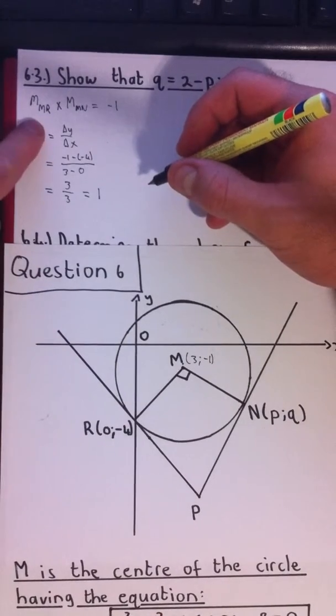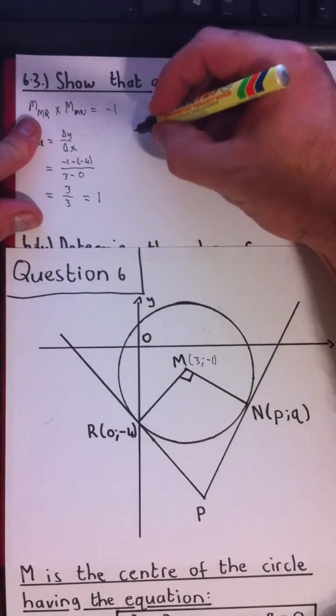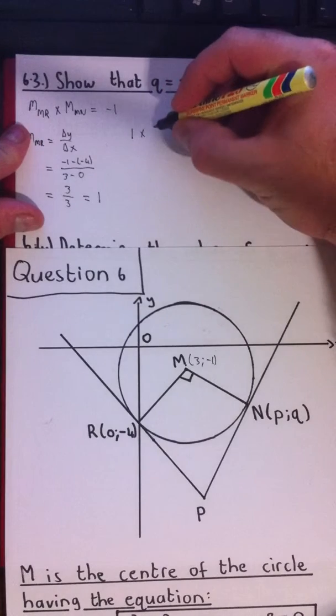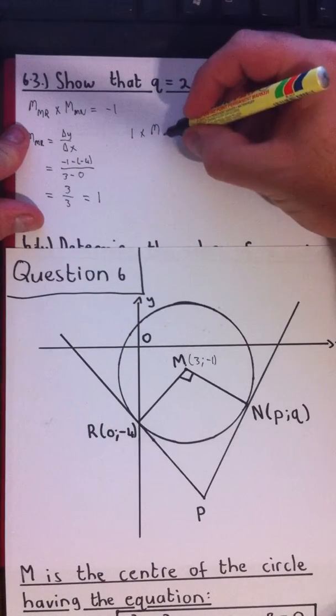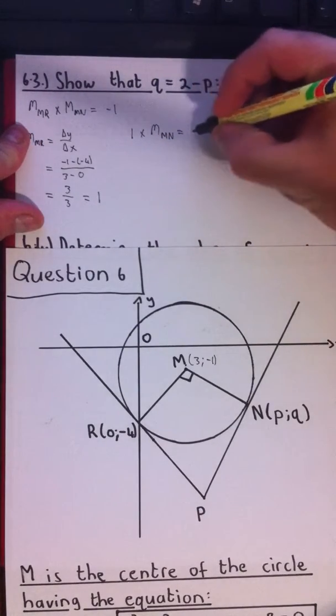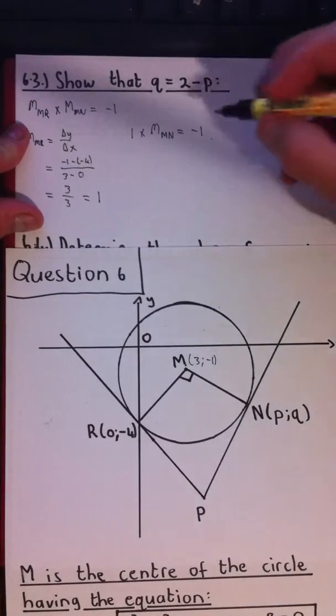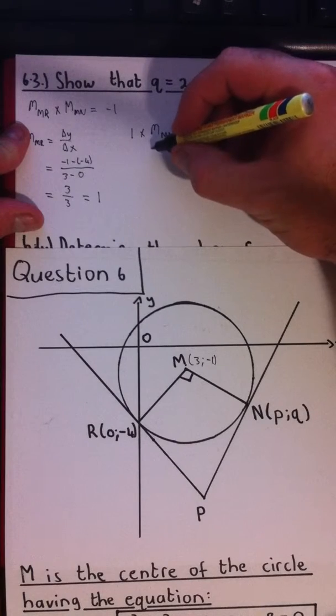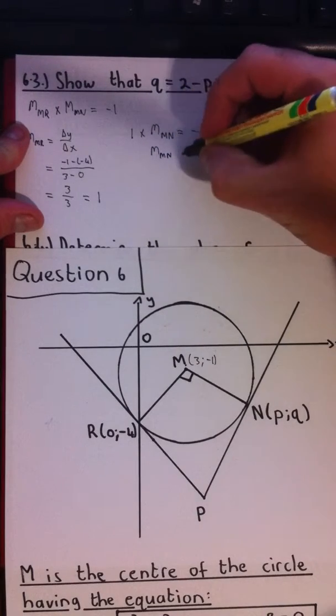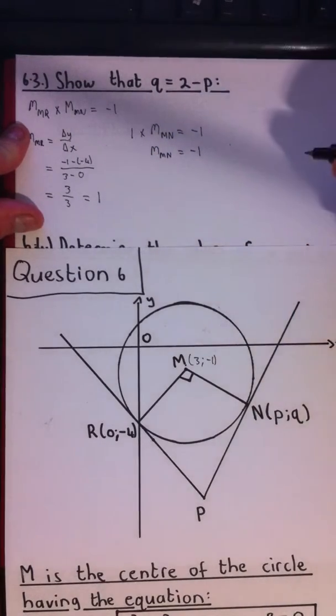So the gradient of MR is equal to 1. Now we know that 1 times the gradient of MN must be equal to -1. So the gradient of MN is equal to -1.